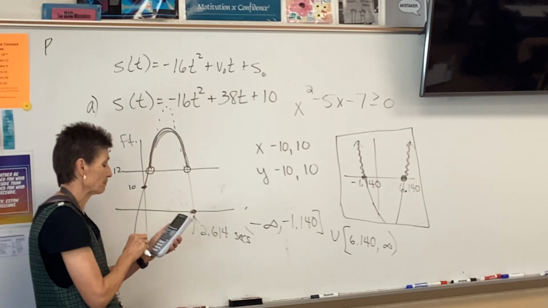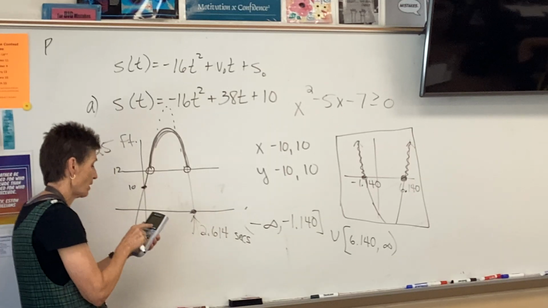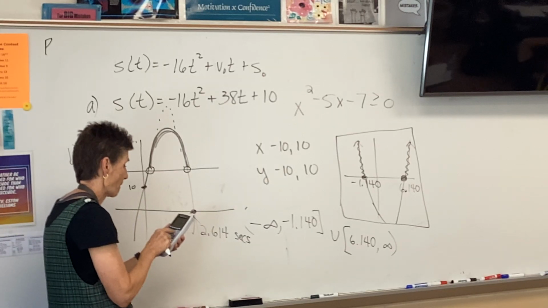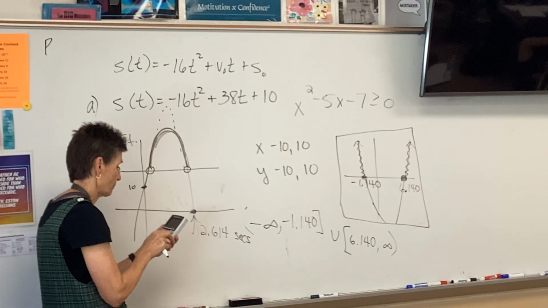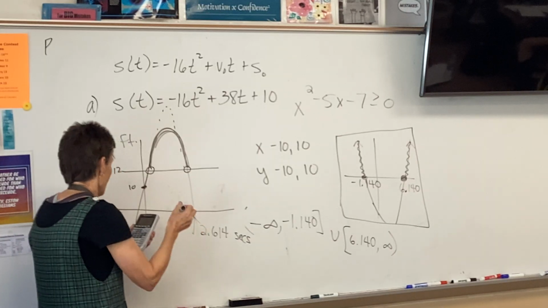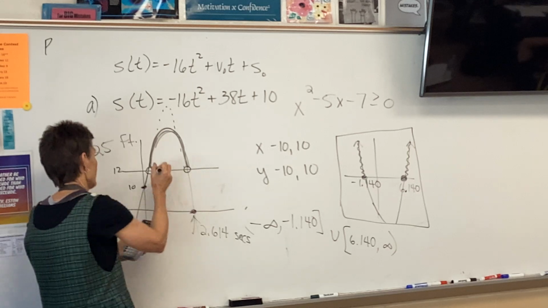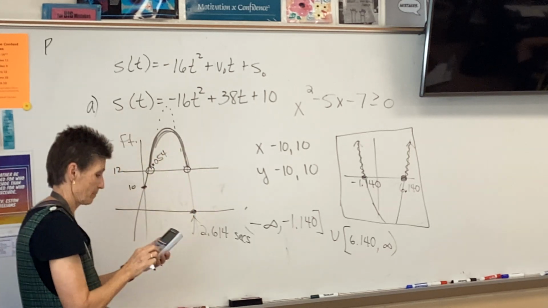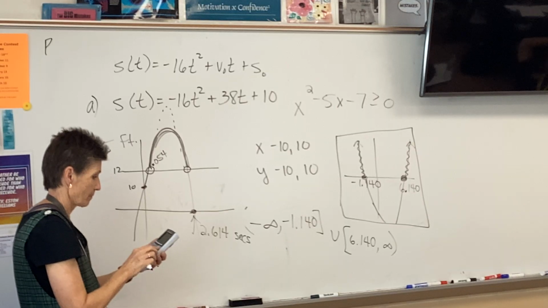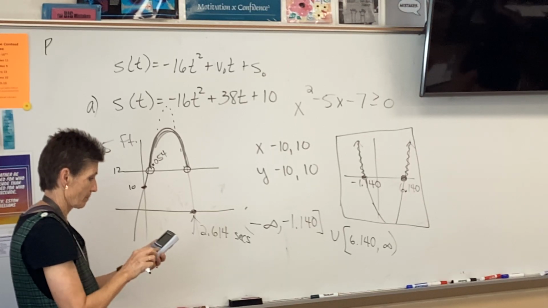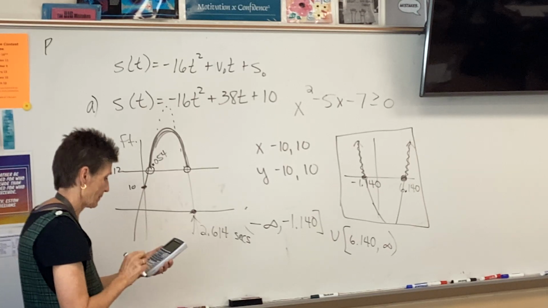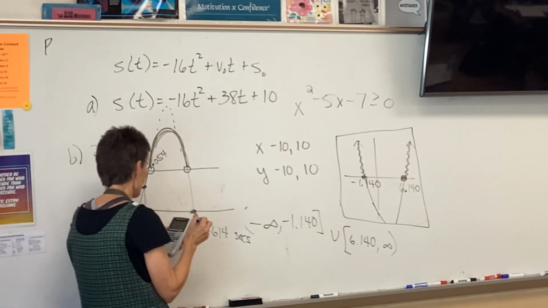Now I see it. So here we go, second calc intersect. 0.054. 2.321.